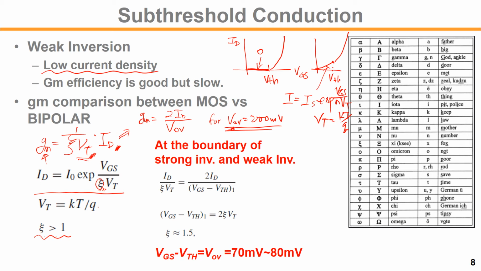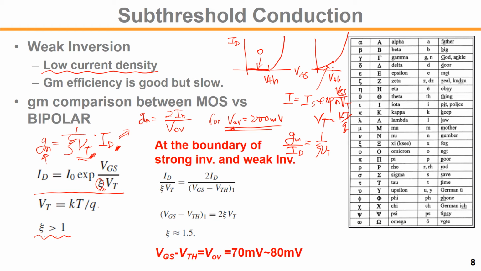So when you think about the efficiency of the GM, we can compare GM over ID. In the subthreshold region, it is 1 over C VT.